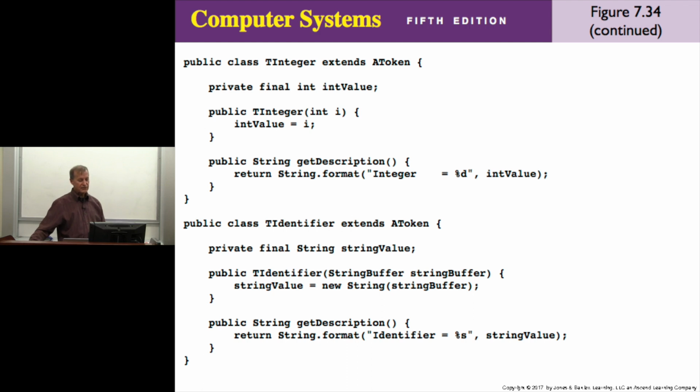The attribute string value gets new capital S String. So this is converting from the StringBuffer type to the String type to be stored as the attribute of the class. And the reason we do this is because as we are computing the value of the StringBuffer, we're going to be wanting to mutate it for speed.